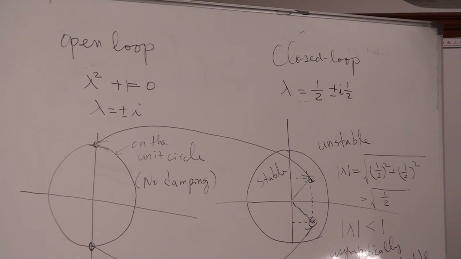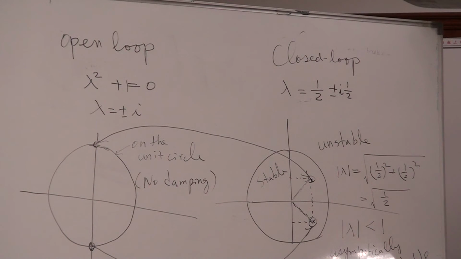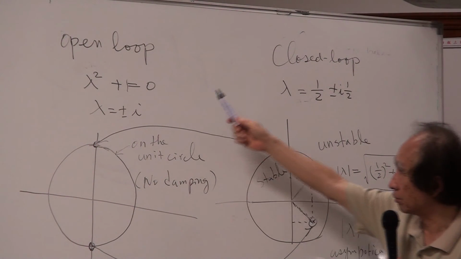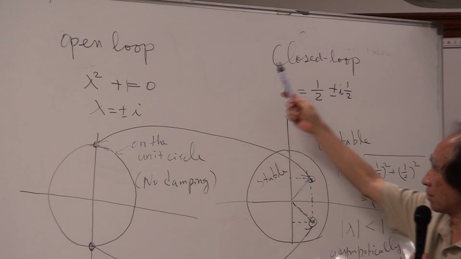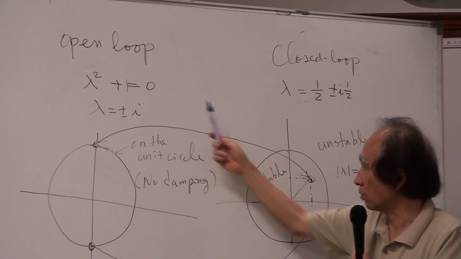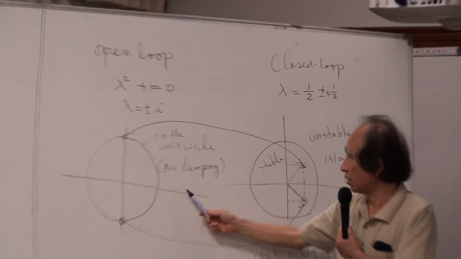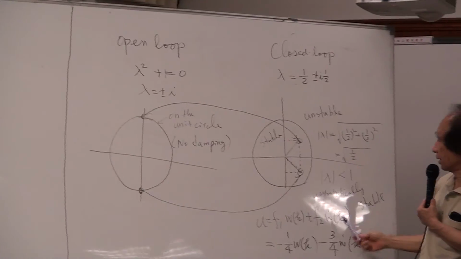Understand now? For this system, if we give it feedback like this, then my open loop system becomes my closed loop system. The no damping system becomes a system with damping.